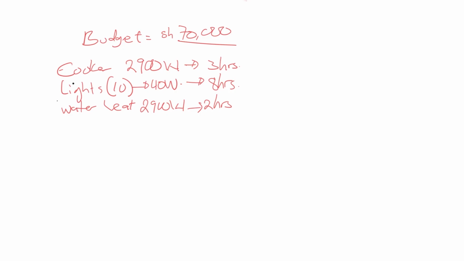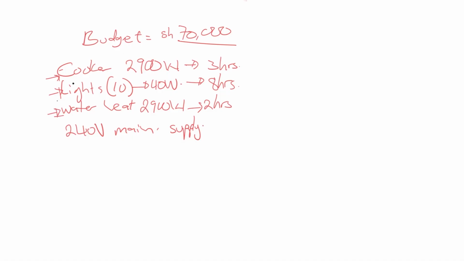So these were connected to a 240 volts mains supply. Okay, we are supposed to come up with how much a cooker will use in a day, how much a light will use in a day, and how much the water heater will use in a day.